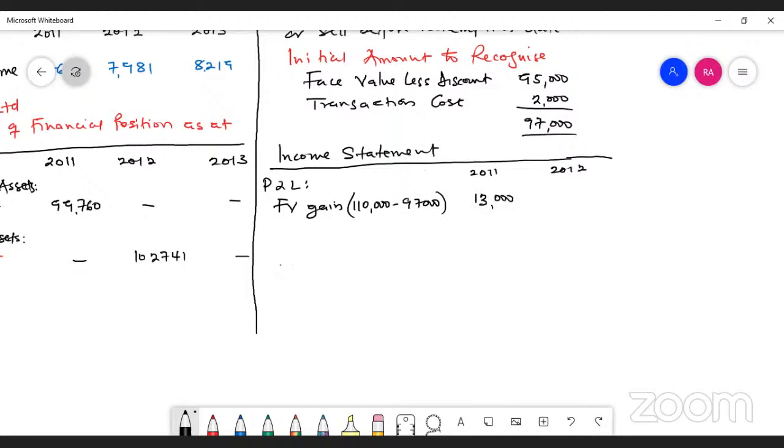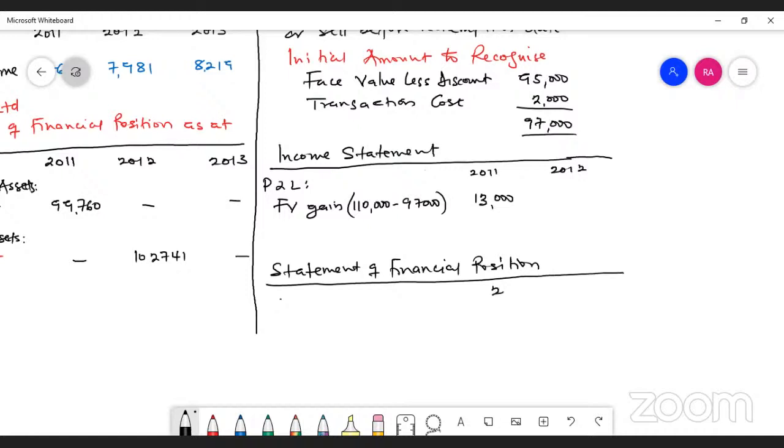Then in the statement of financial position, there's a fair value amount.